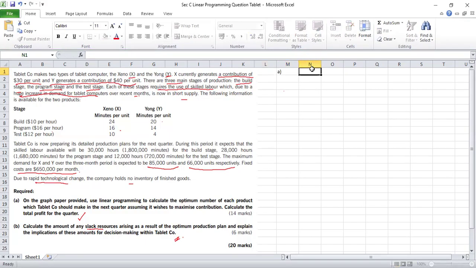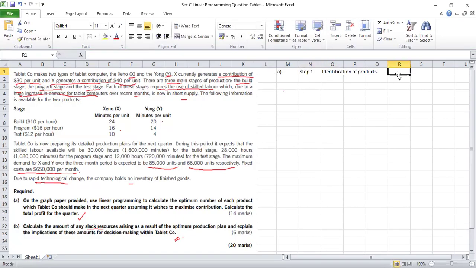Now, how to start this linear programming? Always follow these steps whenever you are attempting a linear programming question. So step number one is identification of the products with any appropriate alphabet. So he has already shown us that there are two products.